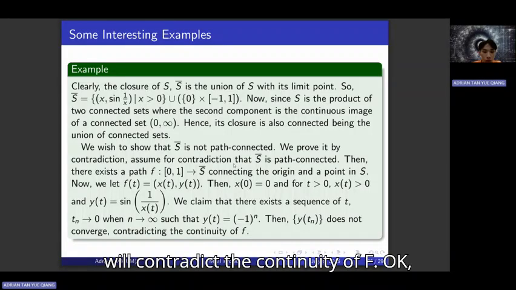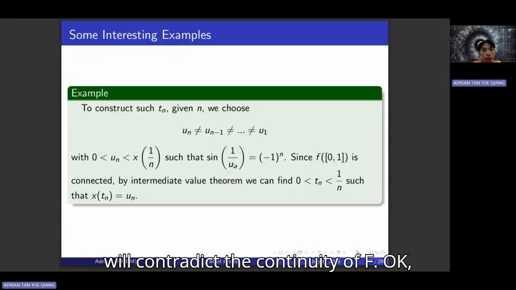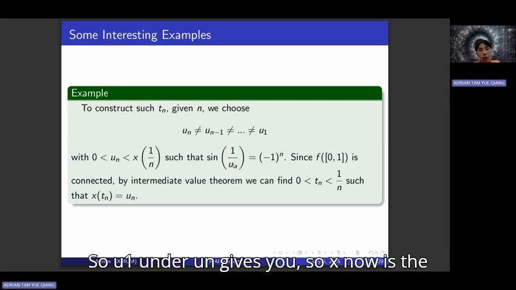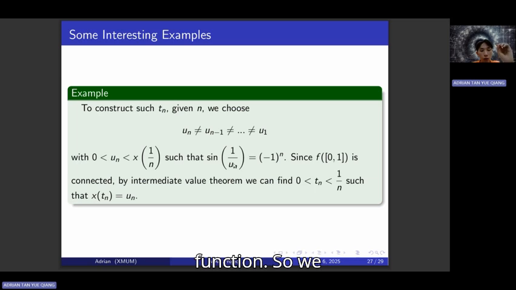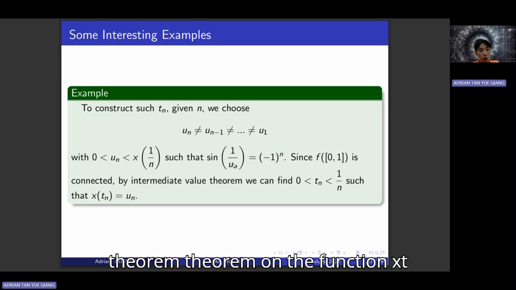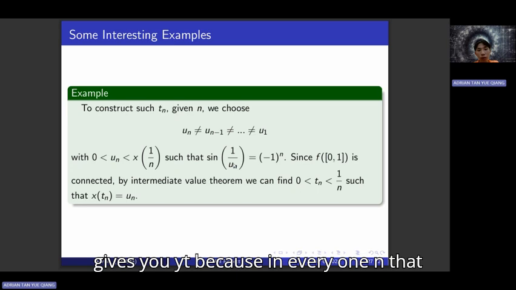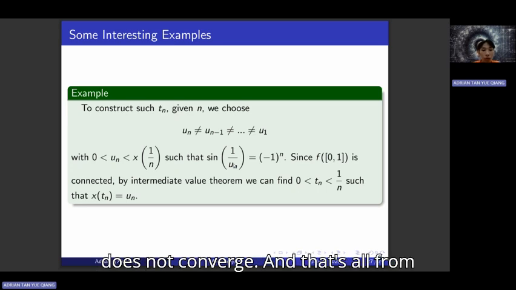This will contradict the continuity of f. So we want to find such tn. x is now a function, so we use the intermediate value theorem on the function x(t) to find such tn that gives you un, that gives you y(tn) equals -1, and that does not converge.